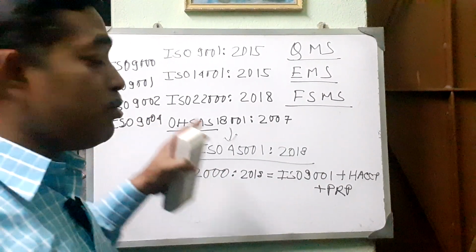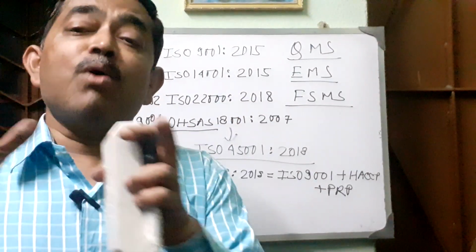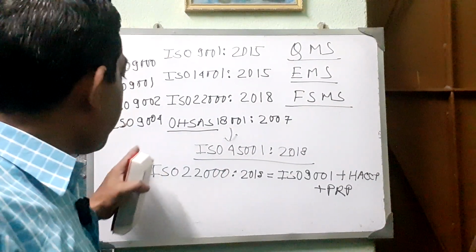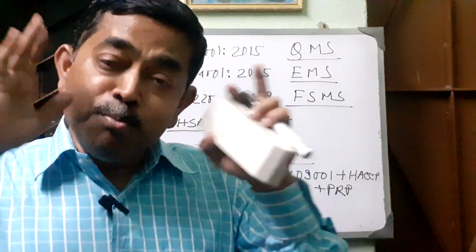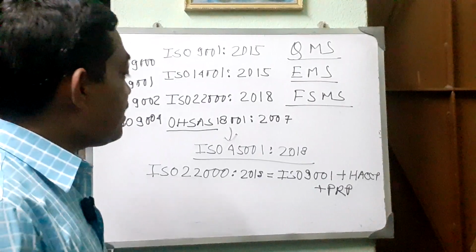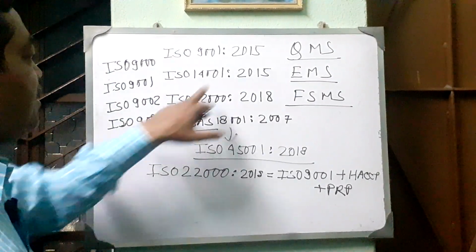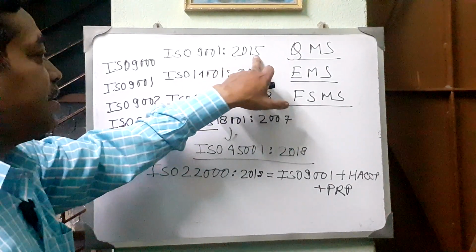And ISO 9002 is the model of quality assurance in production and installation. And ISO 9004 describes the continual improvement of the organization and the system. So these are the basics of ISO, and this year is actually denoted by the year of the version.